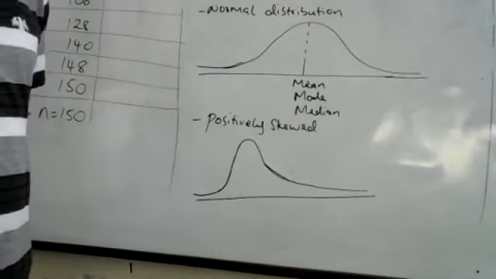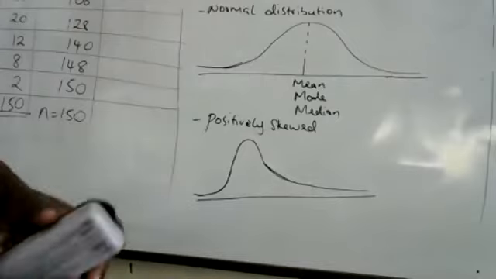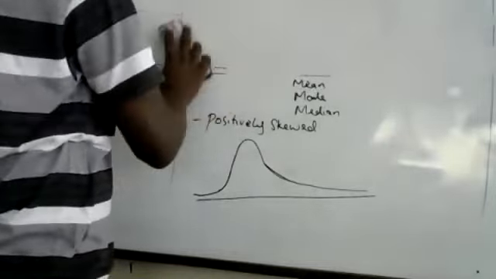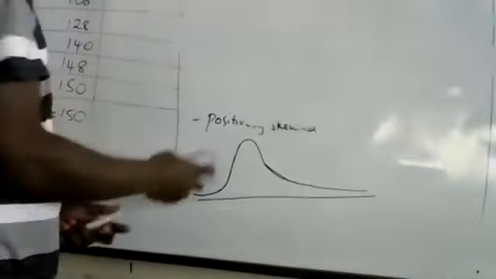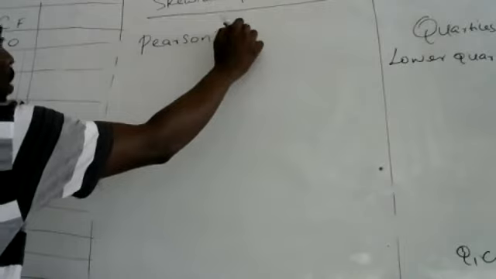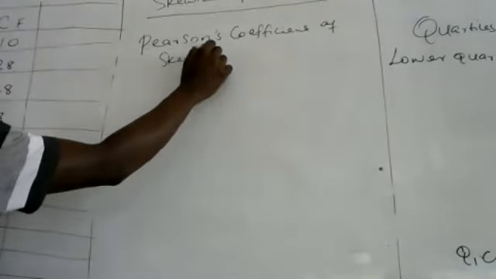Having noted that, we can go to the Pearson's coefficient of skewness.